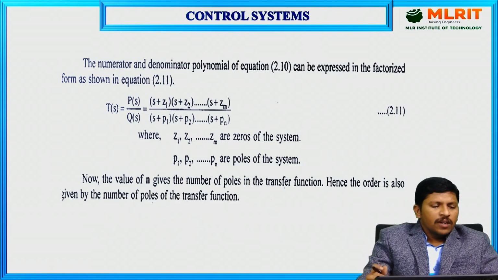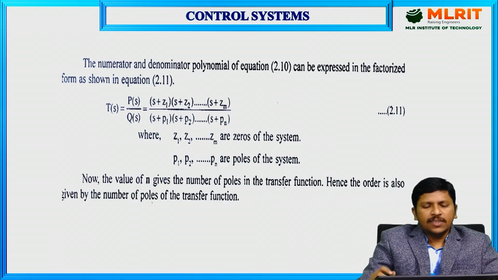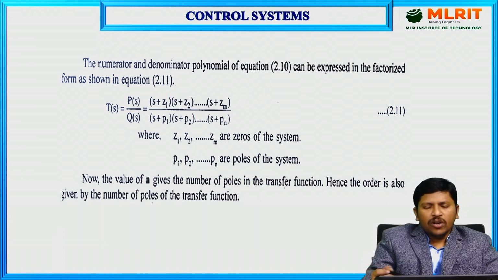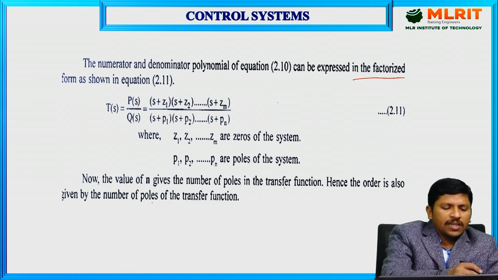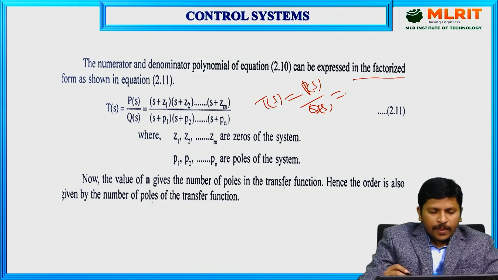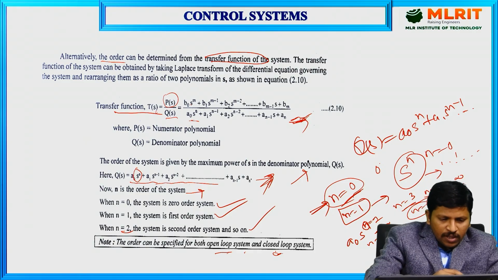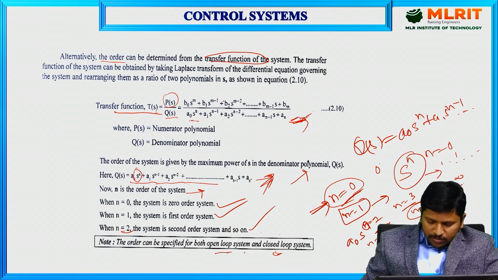Next, observe the denominator and numerator polynomials. We are going to use the factorization method. The transfer function T of S equals P of S divided by Q of S. After factorization, we have b naught s power of m, s power of m minus 1 and so on, with n terms and m terms.